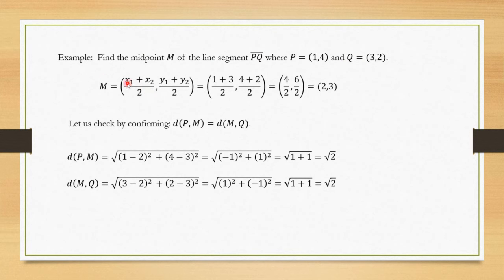So 1 plus 3, right? We add the X coordinates together and divide by 2. I'm just using the formula. Same thing for the Y coordinates. So we have 4 over 2 plus 6 over 2. And what we get is (2, 3). That's what we get.